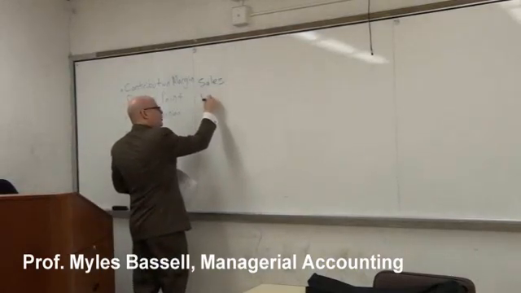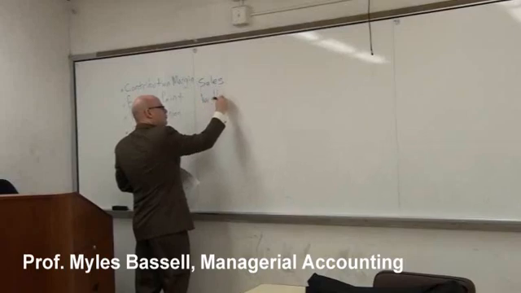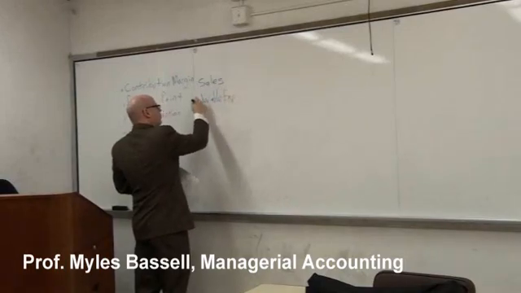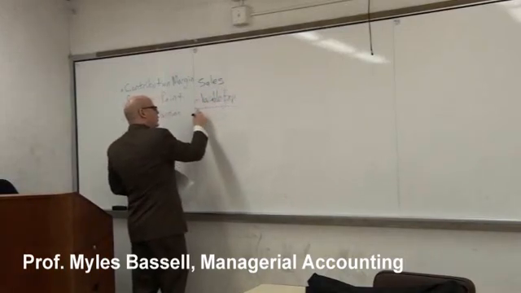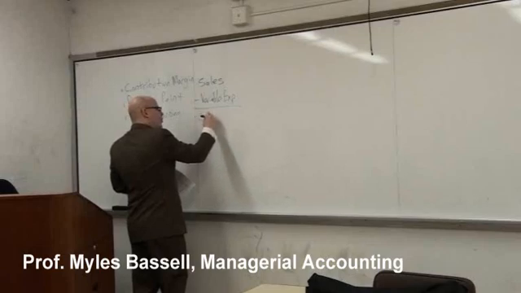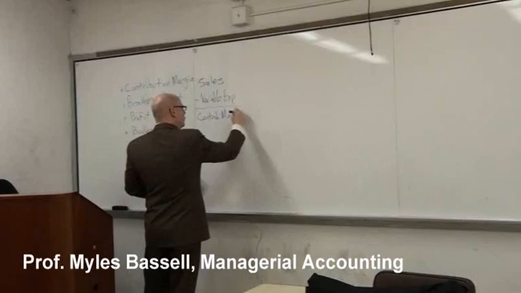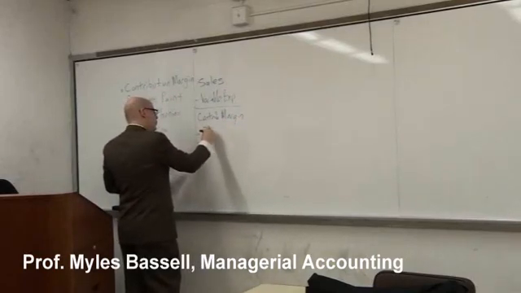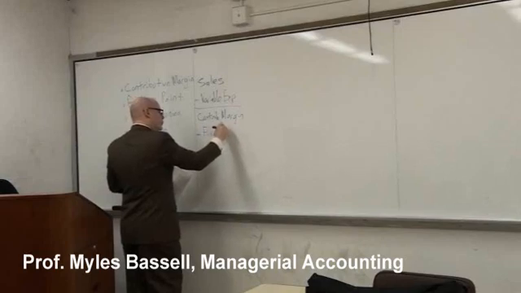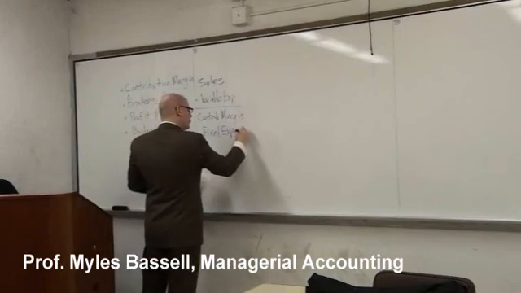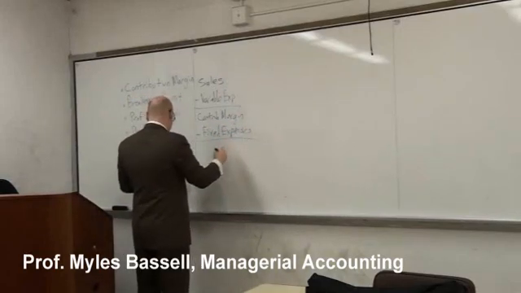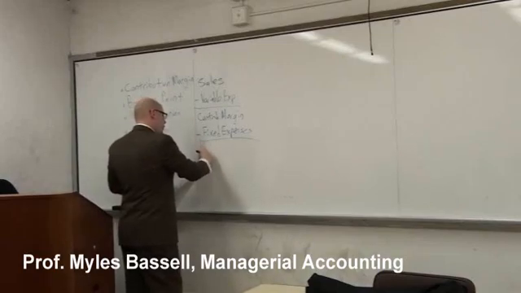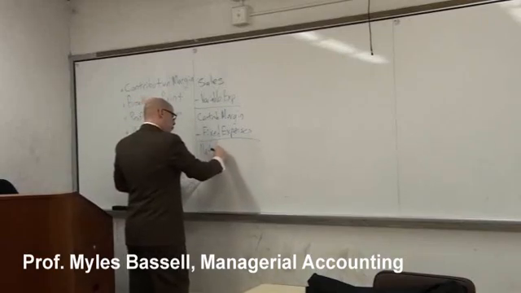So we have our variable expenses, and we subtract that from sales. And that gives us our contribution margin. Then we subtract our fixed expenses. And that gives us our net operating income.